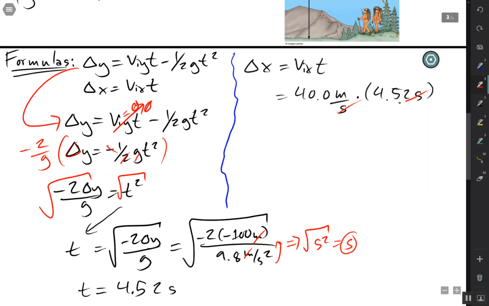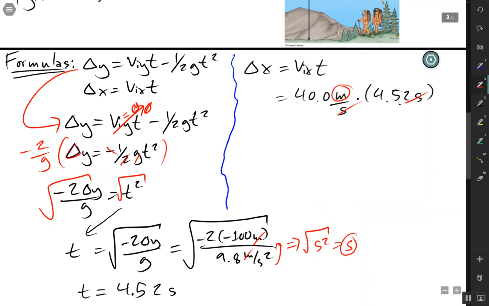That cancels out seconds, and that leaves you with a unit of meters. So I'm just going to multiply what I have on my calculator, and sure enough, I get 180.7, but if I keep to 3 sig figs, then that is my answer.